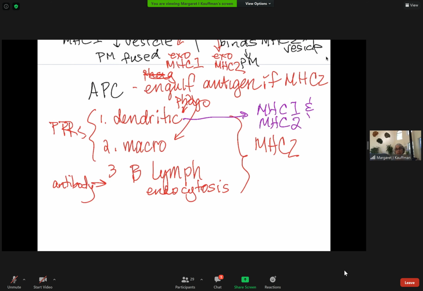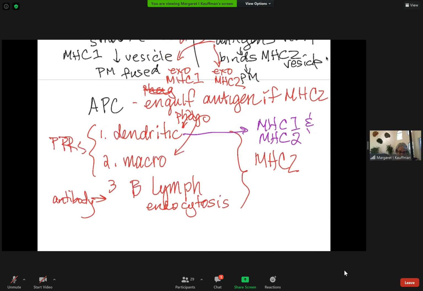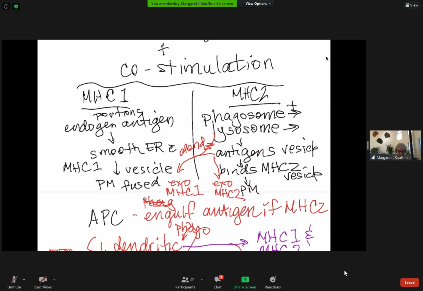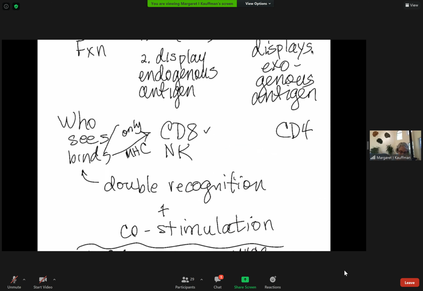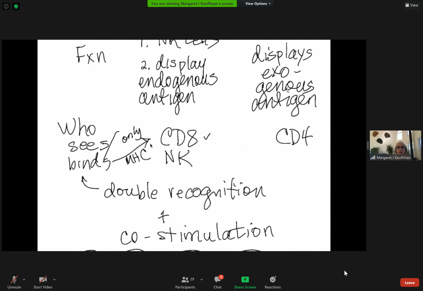Now, why do we need it on MHC1? It will be a way to activate the CD8 cells. So when you go back to looking at the MHC1 versus MHC2, remember that, oops, maybe I did it up here. Yeah, this CD8 cell can only see an antigen if it's on MHC1. This one needs MHC1.